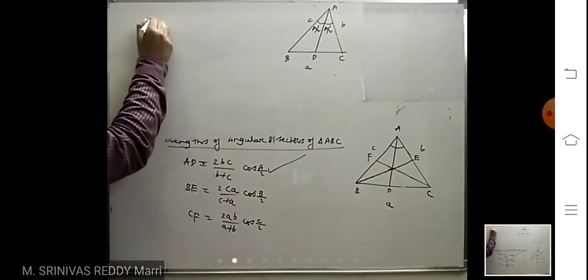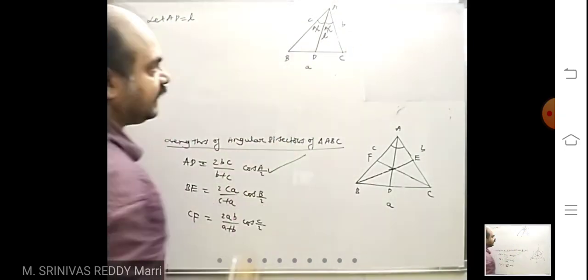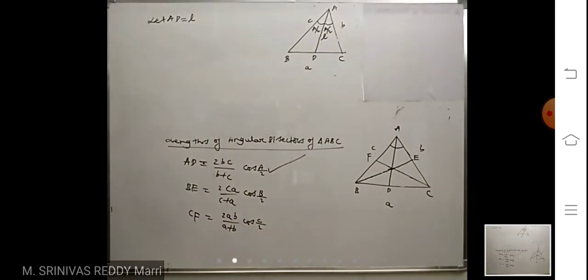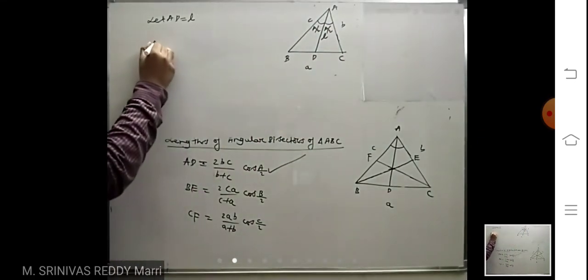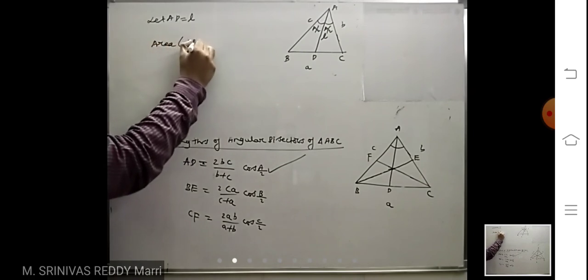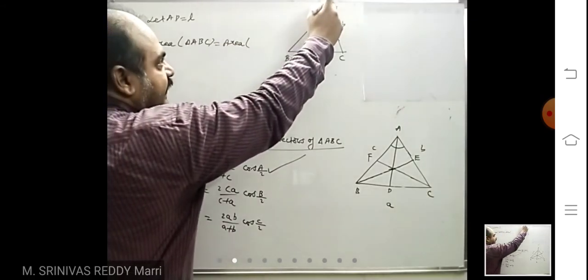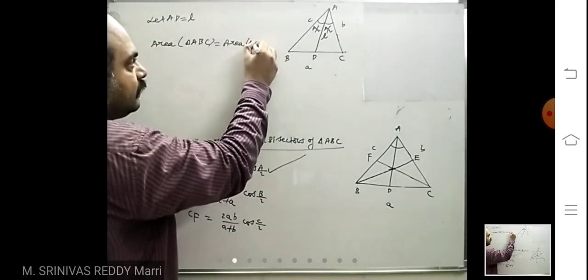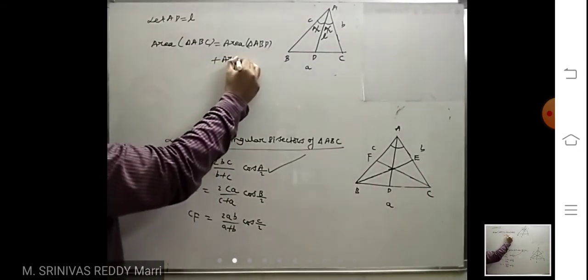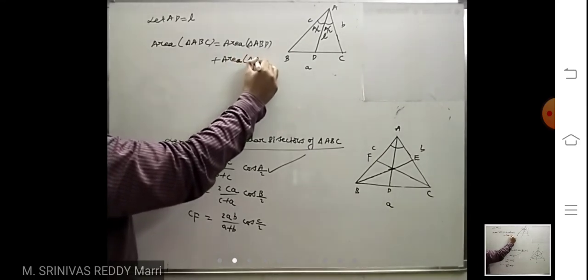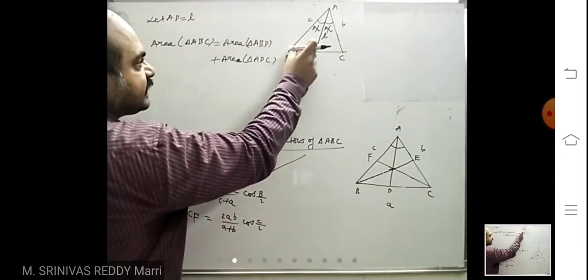Let AD equal to L. Let us say whatever you are calculating, AD, let it be length L. Now I am using the fact that the area of triangle ABC is nothing but the area of triangle ABD plus the area of triangle ADC.